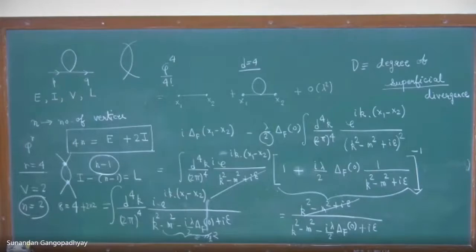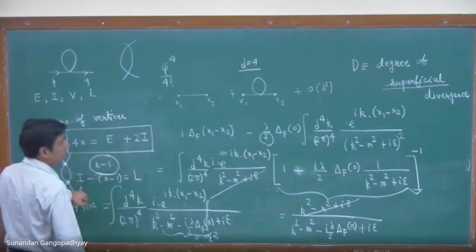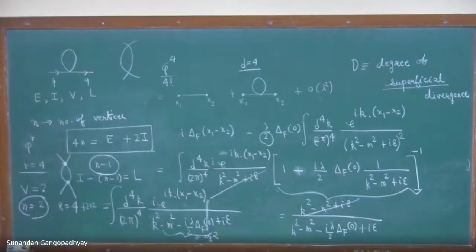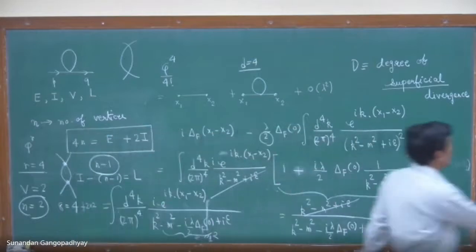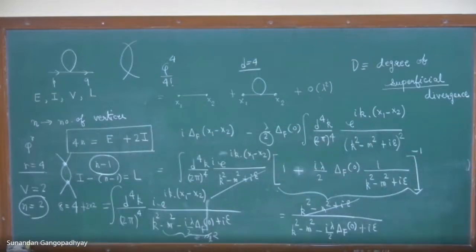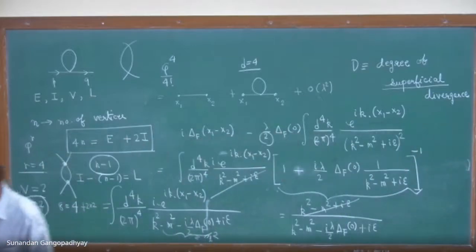So there are three relations that you should keep in mind. You have this, and you have the degree of superficial divergence. What we can now do is substitute: L is I minus n minus 1, and you can also substitute the value of small n.